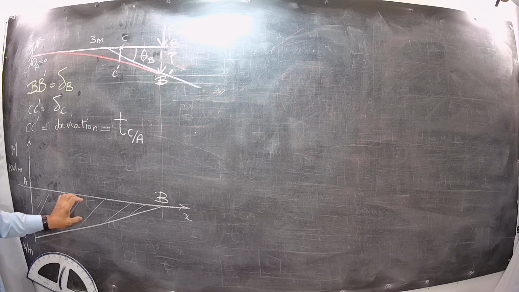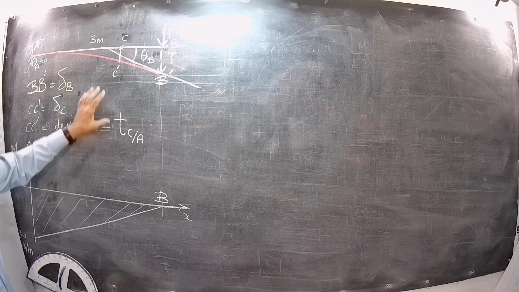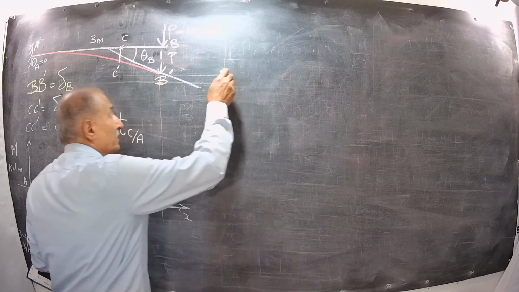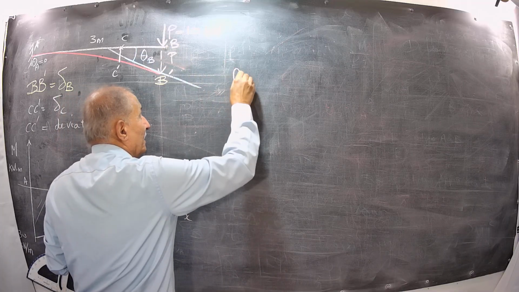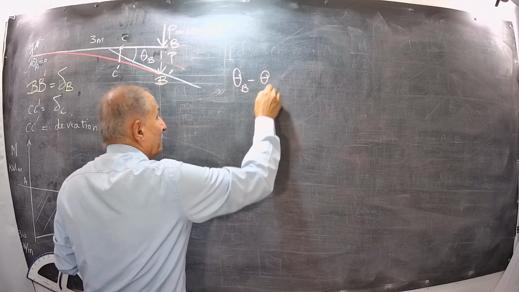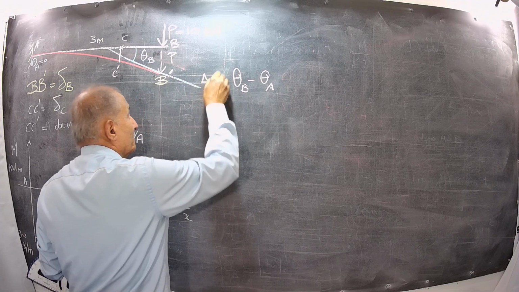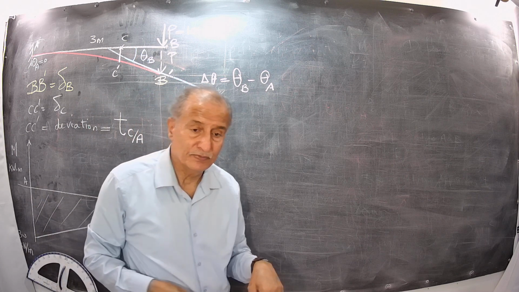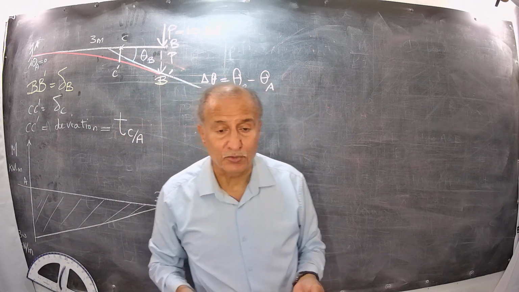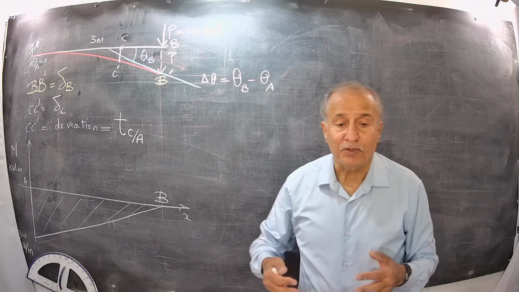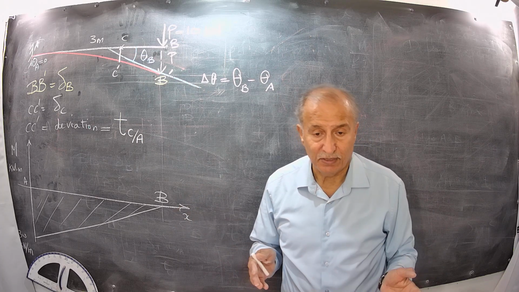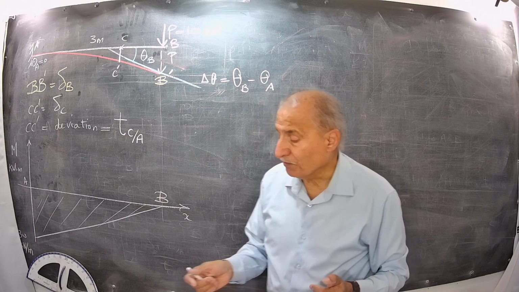The first theorem says that the difference between slopes of 2 points, for example, the difference between the slopes of B and A, theta B minus theta A, or delta theta, is equal to the area in the moment diagram between A and B, divided by EI.